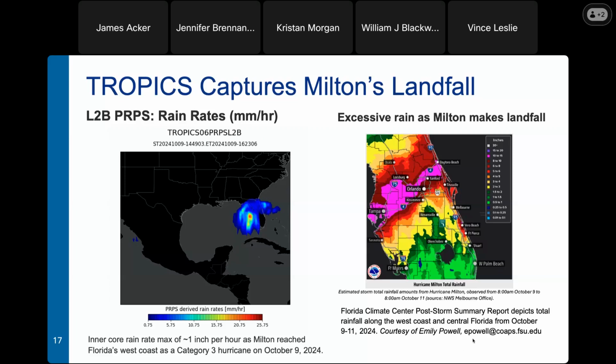And then a Florida State climatologist, Dr. Powell, wrote up this really wonderful post-storm summary report of Milton. And this image was taken from the National Weather Service in Melbourne, which is right here on the eastern coast of Florida, which depicts the total rainfall of the storm from October 9th to October 11th.